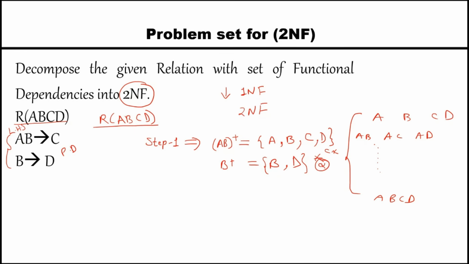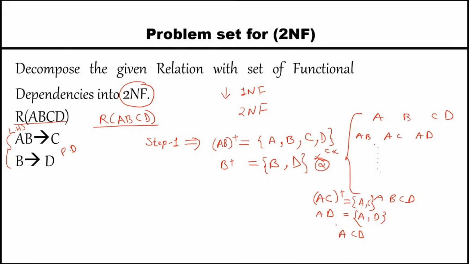Just for your satisfaction, you can go for AC also, and AD also. AC is determining only A and C, so it stops at this point. AD is determining only AD. You can try ACD also.